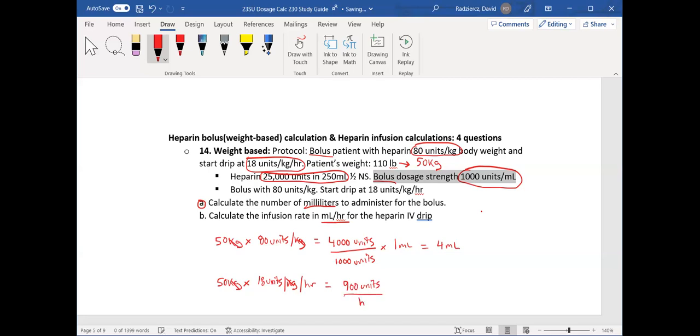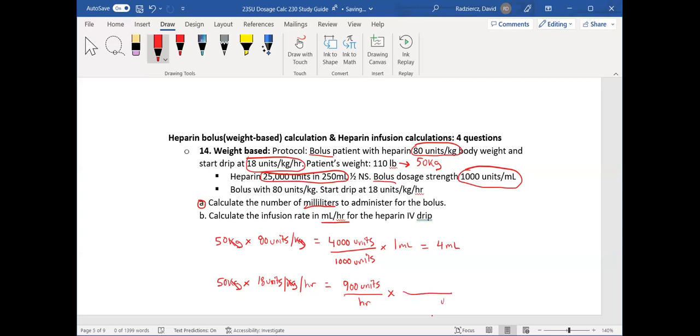So there's a couple ways to do this. I'm just going to do it this way. And this is where the previous practice questions will help out, because we already did something similar. Remember, we did an insulin that was in units per hour and we converted it to milliliters per hour. So we're going to do basically the same thing here, and we're going to use our IV to do that conversion.